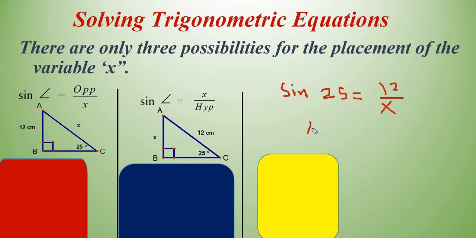Cross multiplication, we get x equals 12 over sine 25, equals 28.4 centimeters. The length of the hypotenuse equals 28.4 centimeters. Okay. The third example.